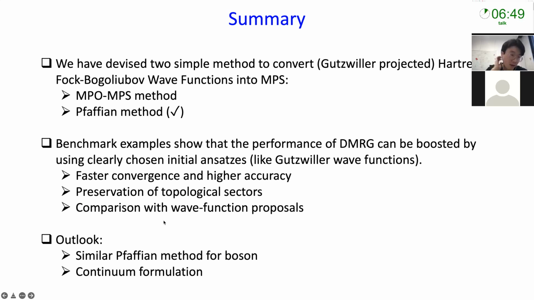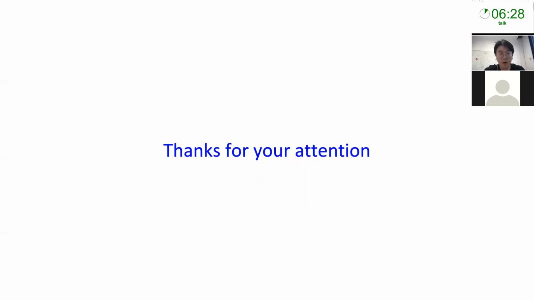There remain some interesting questions. For example, can we generalize the Pfaffian method to bosonic Gaussian states? If we can do this, we can do very efficient boson sampling. It is also very interesting to generalize this discrete formula into a continuum formula. Okay, I will end here, and thank you for your attention.